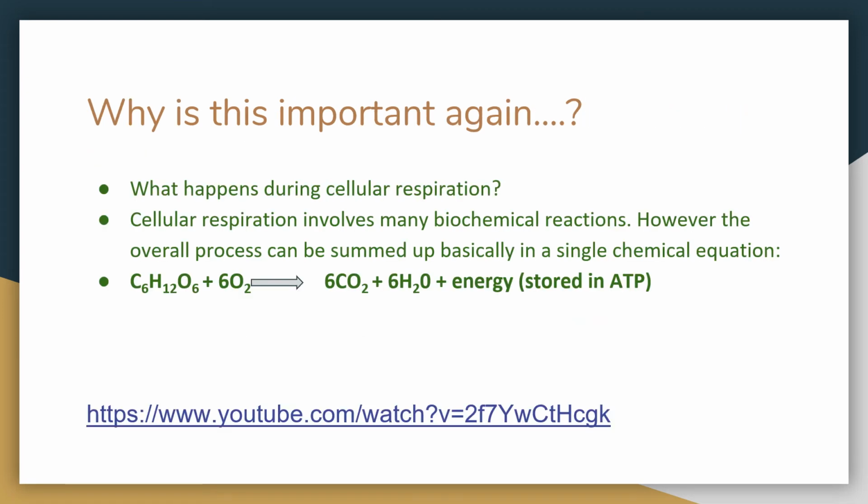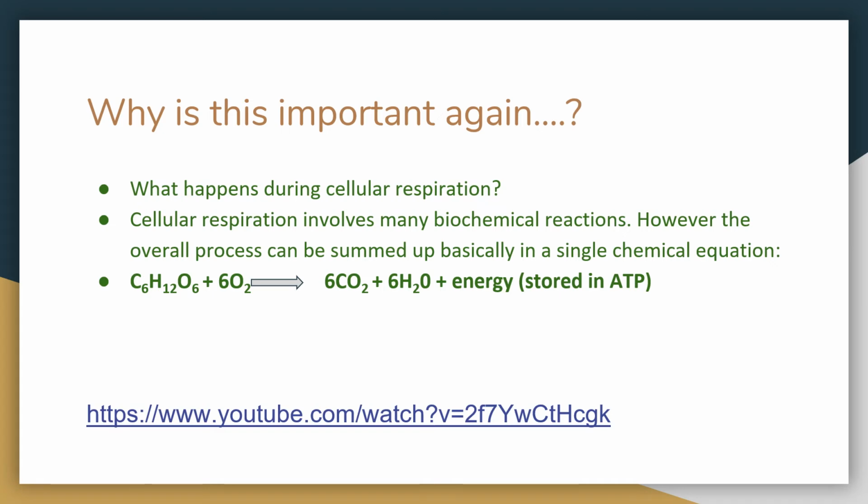Okay, so this is what happens during cellular respiration, basically. So cellular respiration involves many biochemical reactions. However, it can be kind of summed up in the chemical equation there below, and I'll talk about that in just a minute. So this is kind of where the law of conservation comes into play.